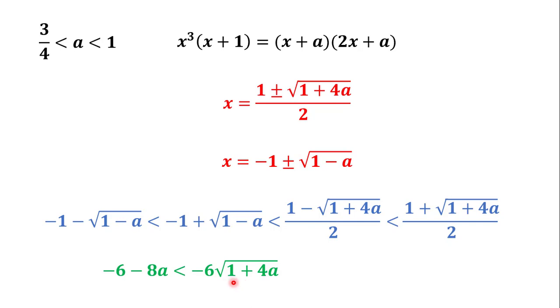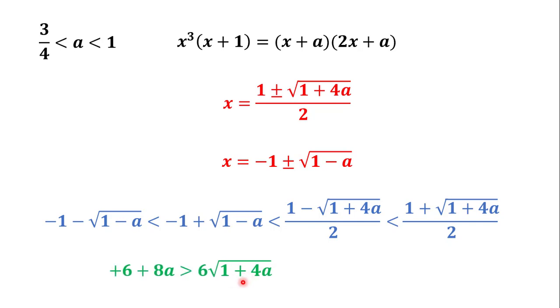We have radical terms, so we need to square both sides once again. We can divide both sides by minus 1, and because we divide both sides by a negative number, this sign changes.